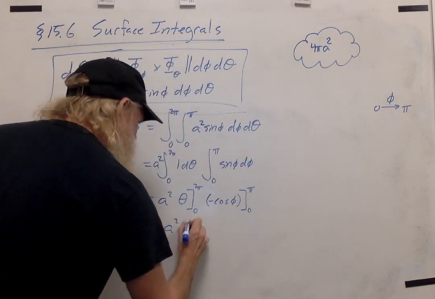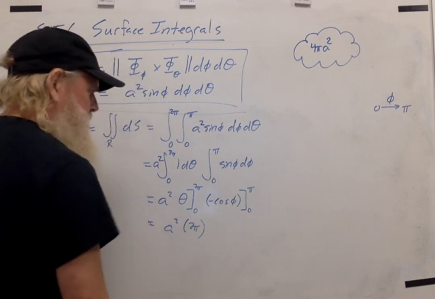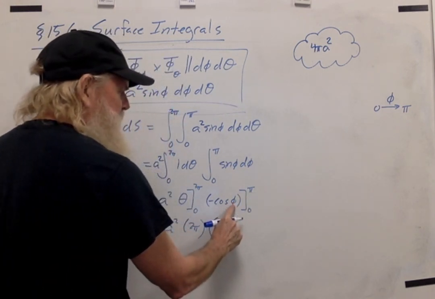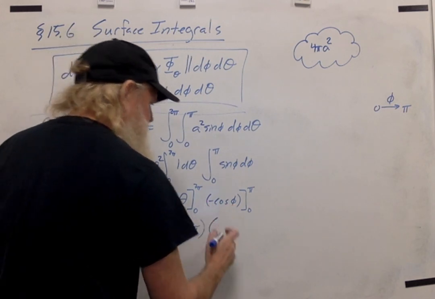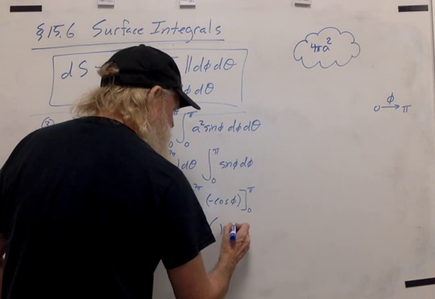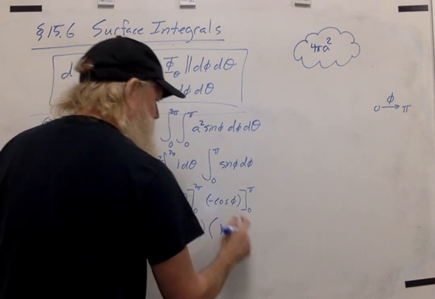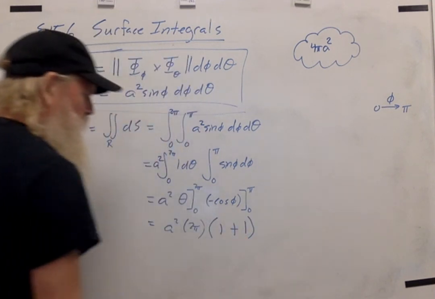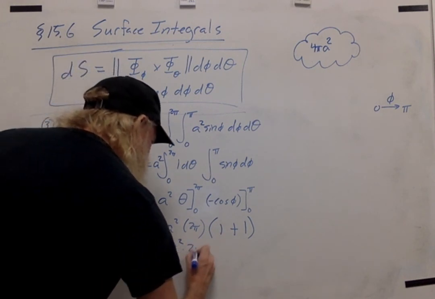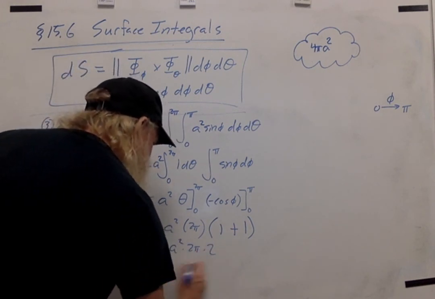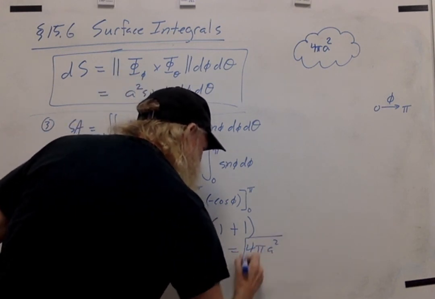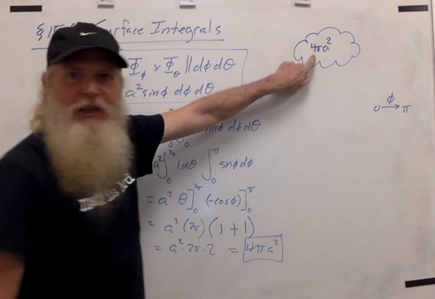So that's a squared times 2 pi, times cosine of pi is negative 1, so the opposite of that is positive 1, minus a negative cosine of 0, which is 1. So this is a squared times 2 pi times 2, which is 4 pi a squared, which is exactly the answer we were predicting.